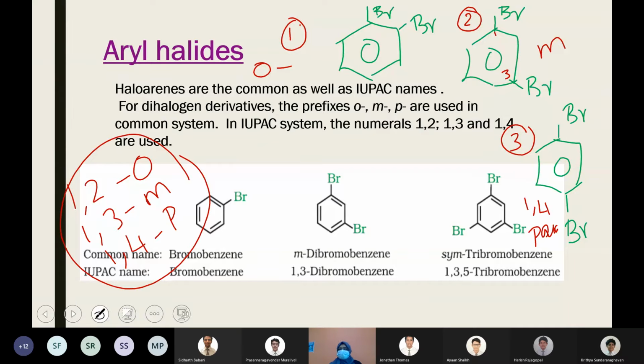If it's 1, 3 dibromobenzene, that is the IUPAC name, the same compound is known as meta dibromobenzene in common naming. So the only difference is that in IUPAC we use numbers, and in the common naming system ortho, meta and para for the dihalo compounds.